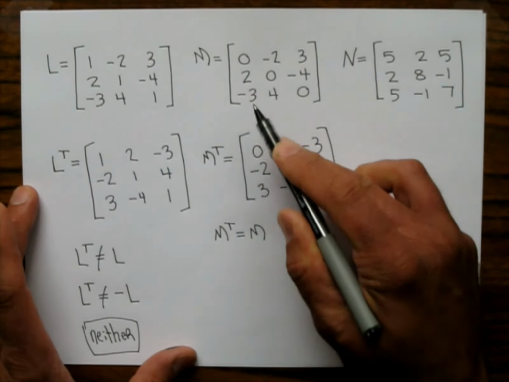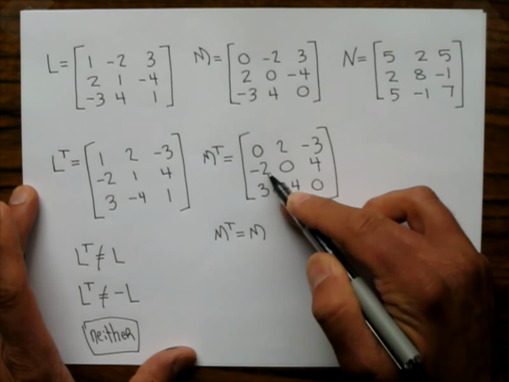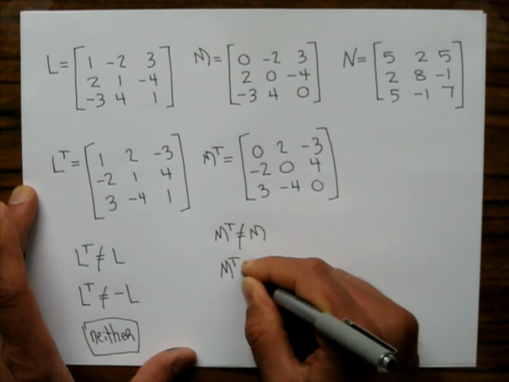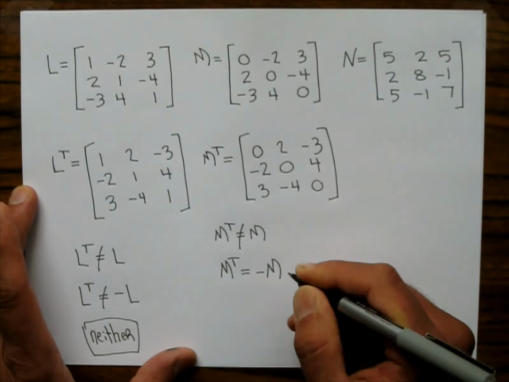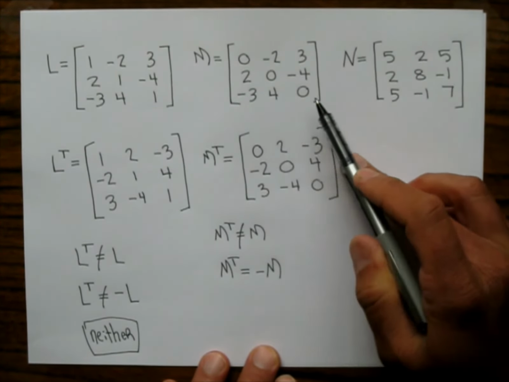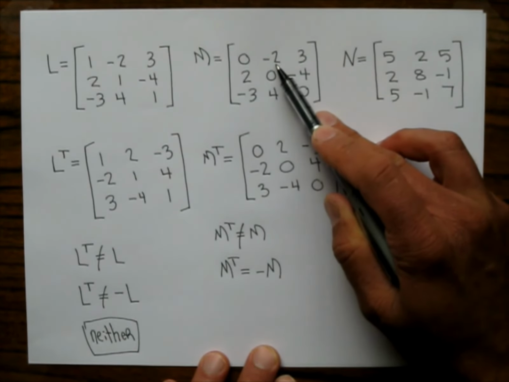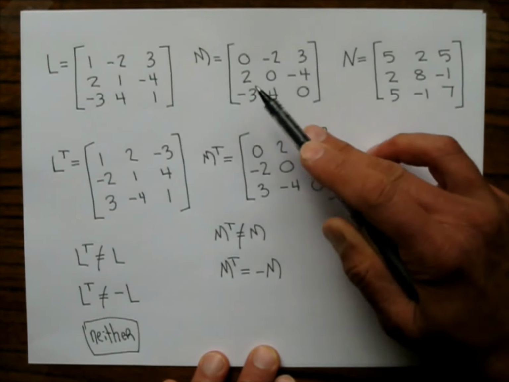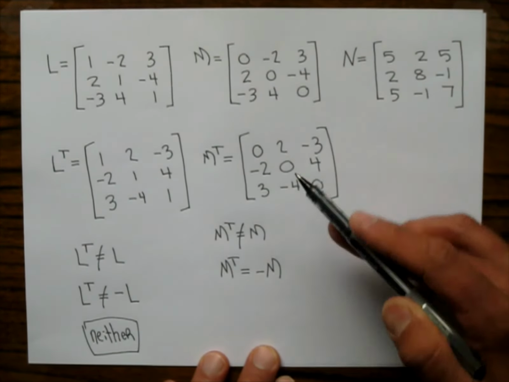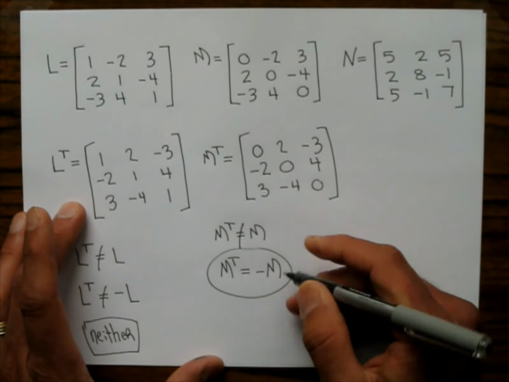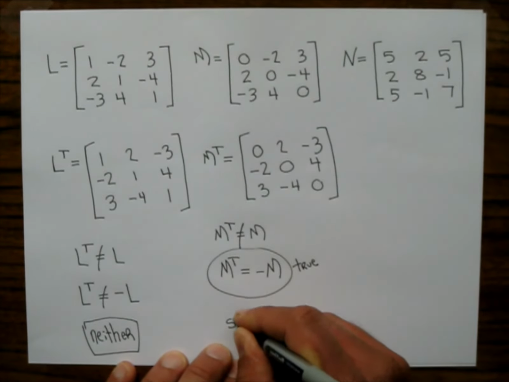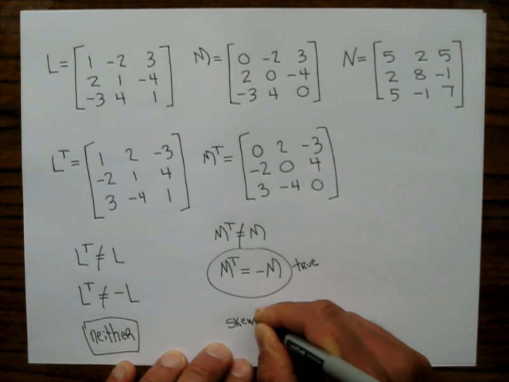And the answer is no. You can see there's a 2 here and a -2 there. So does M transpose equal -M? Well, -M, you would end up putting negatives everywhere. The zeros are going to stay 0, so this would be a +2, a -3, which you have there. -2, +4, +3, -4. So it does look like this is true. This one happens to be skew-symmetric.